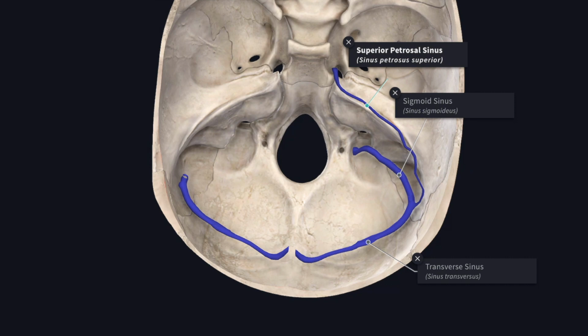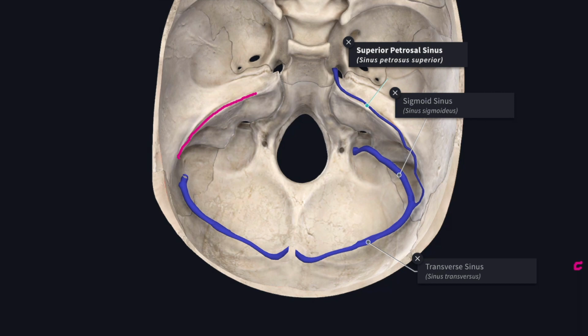The next sinus we'll see is the superior petrosal sinus. The superior petrosal sinus conveys the blood from the cavernous sinus to the transverse sinus, and each sinus lodges in the groove along the upper border of the petrosal part of the temporal bone, and it is situated in the lateral attached border of the tentorium cerebelli.